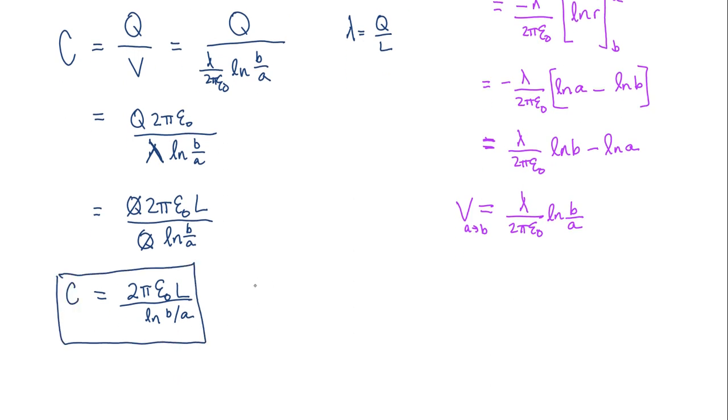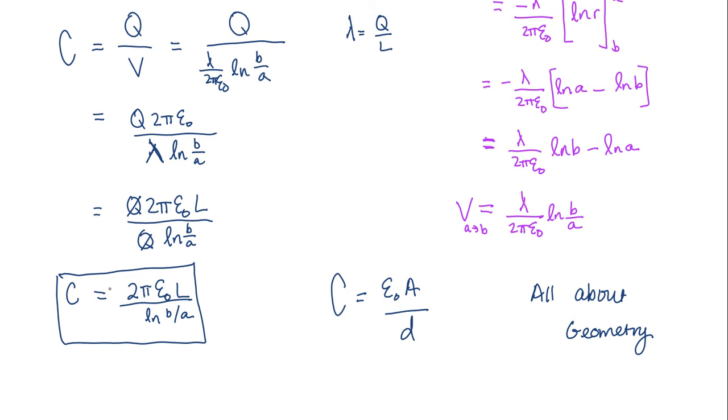And if you look at it, right, compare it to the expression for the parallel plate capacitor, it's all about geometry. All about geometry. Everything here is about geometry, and so it's a good thing that the Q canceled out.